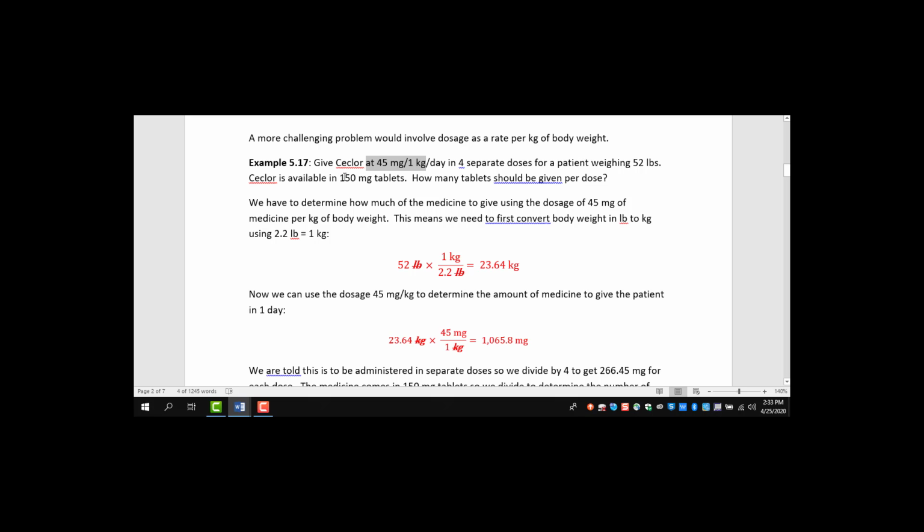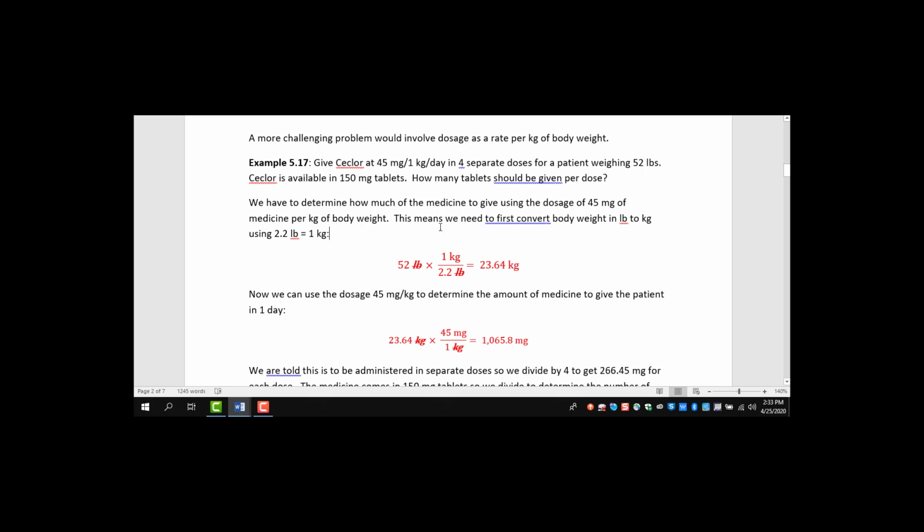So Ceclor is available in 150 milligram tablets. How many tablets should be given per dose? Well, the first thing we have to do is determine how much of the medicine to give using the dosage of 45 milligrams of medicine for every 1 kilogram of body weight.